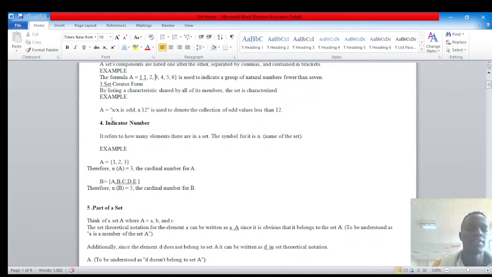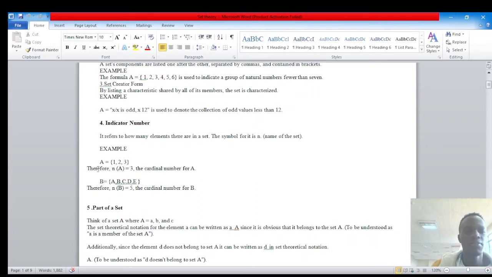We have the cardinal number, which refers to how many elements there are in a set. The symbol for it is n, and n(A) represents the cardinal number of set A. Set A is equal to, opening the bracket, elements separated by commas, then close the bracket.